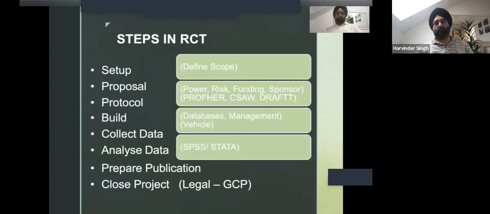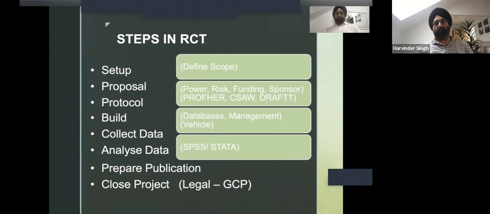So how do you set up these randomized controlled trials, which are thought to be the best quality data? It is a long and arduous process. You have methodologists, statisticians, clinicians, and patients sitting together to set up the study, establish a proposal, and write down a protocol of what we are looking at and how we're going to do it. Then you get the funding through NIHR or other bodies which fund these big trials.